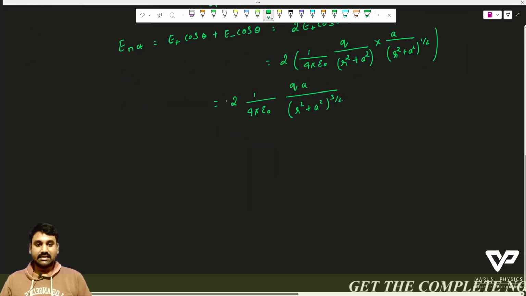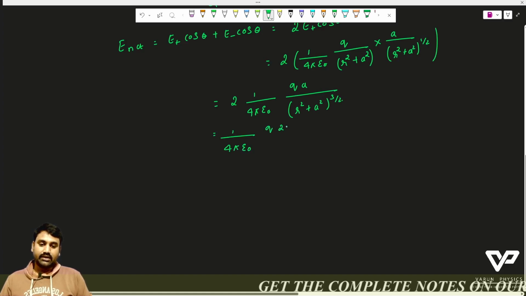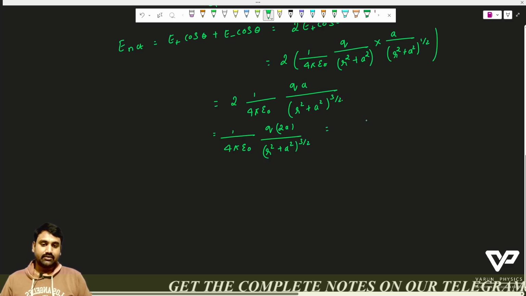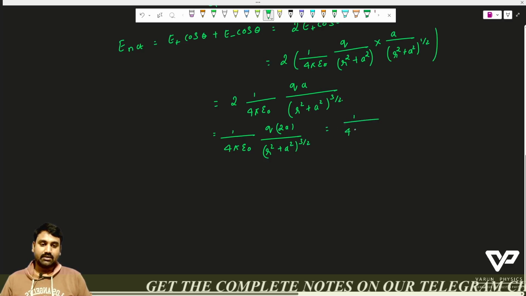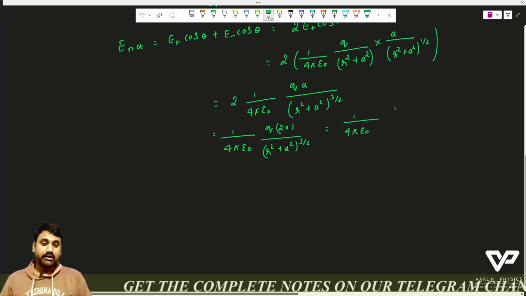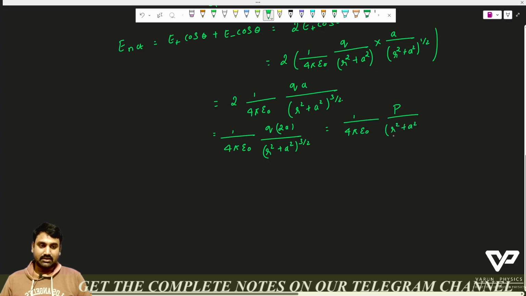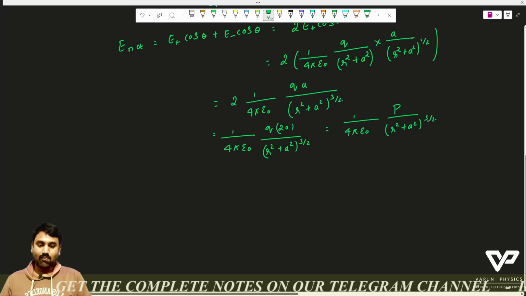If I send this 2 inside, then I have 1 divided by 4 pi epsilon naught q into 2a, which is nothing but the dipole moment p, over r square plus a square to the power of 3 by 2. Therefore, that is equal to 1 divided by 4 pi epsilon naught p divided by r square plus a square to the power of 3 by 2.